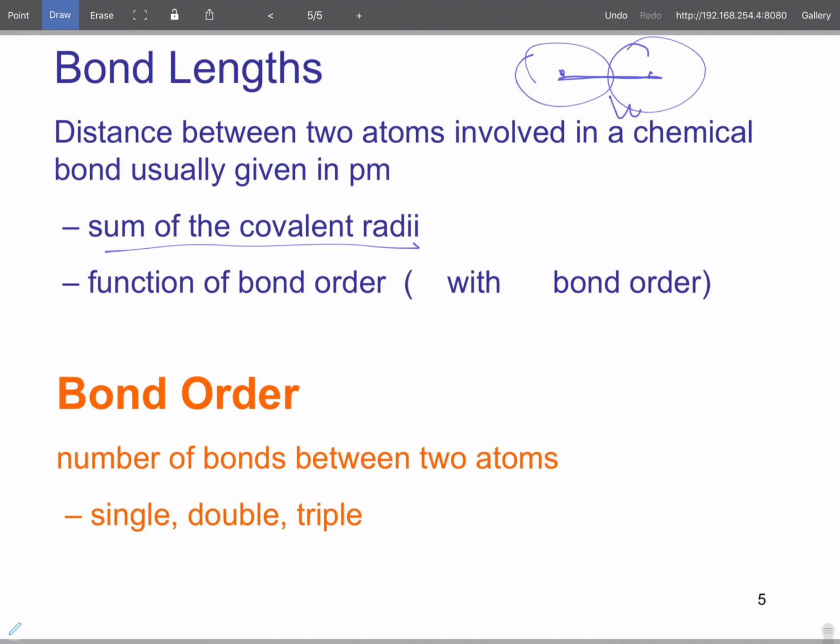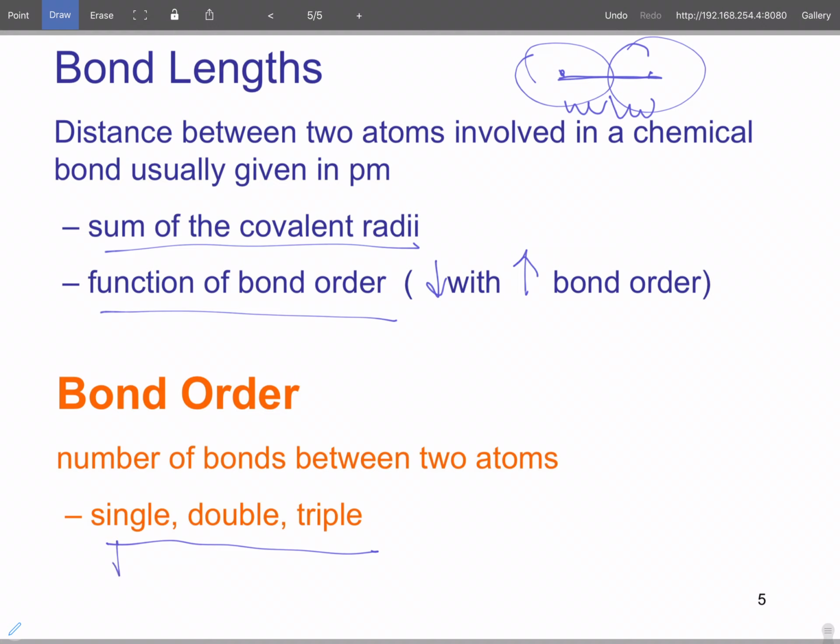So this is one atomic radius. This is another atomic radius. Okay? It's a function of bond order. It decreases with increasing bond order. And bond order is whether you form a single, double, or triple bond.